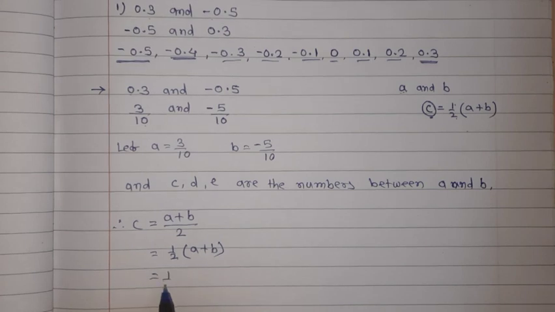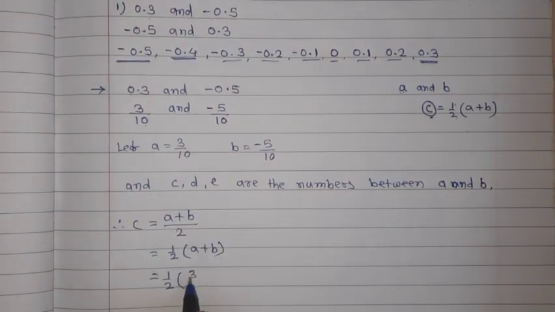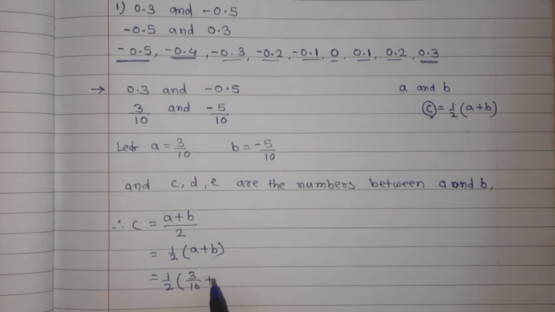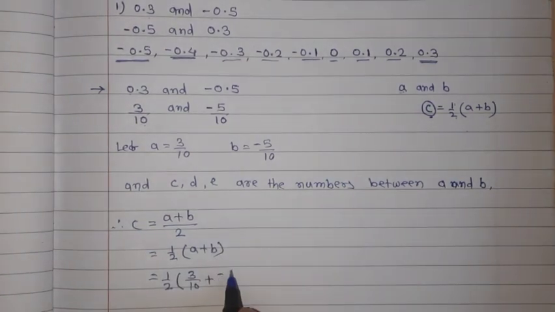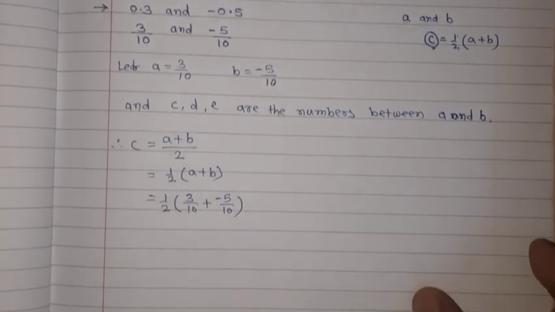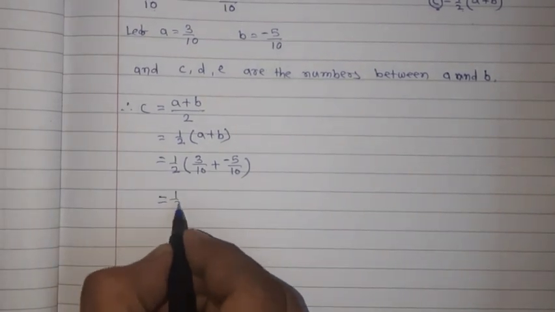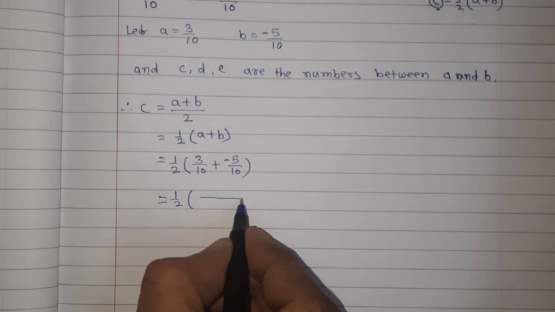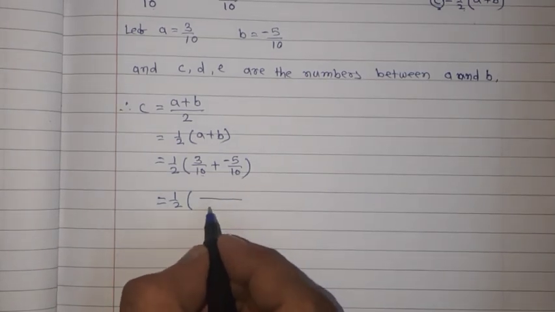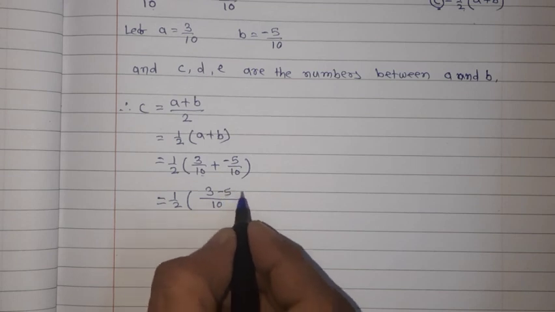Now see here, half, then A means 3 upon 10 plus B means minus 5 upon 10. Keep 1/2 as it is. Dear student, the denominators are the same, 10, so it is 3 minus 5.